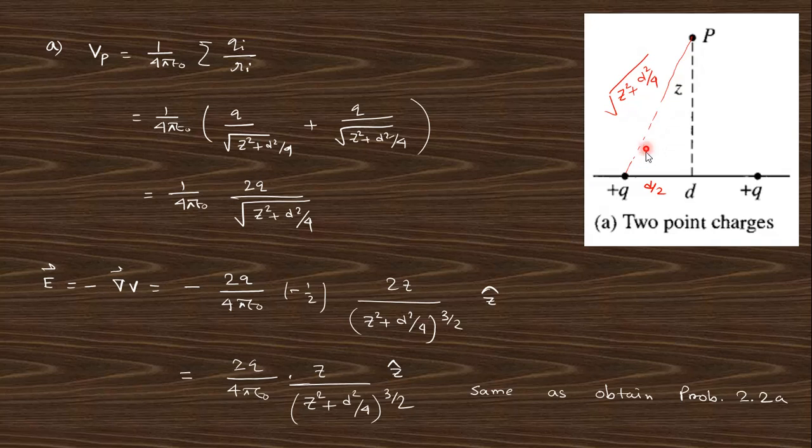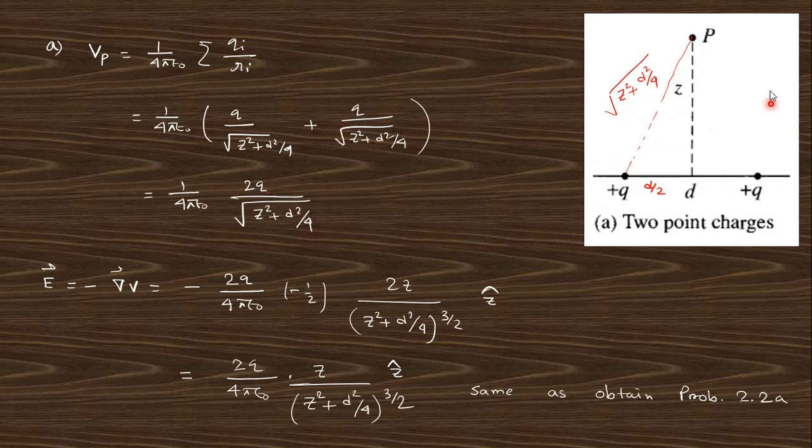At first, if you take these two positive charges, this distance will be that. So the potential will be 1 by 4 pi epsilon, summation of q over distance. For that charge, q by root under z square plus d square by 4, and for the other charge, the same, z square plus d square by 4.